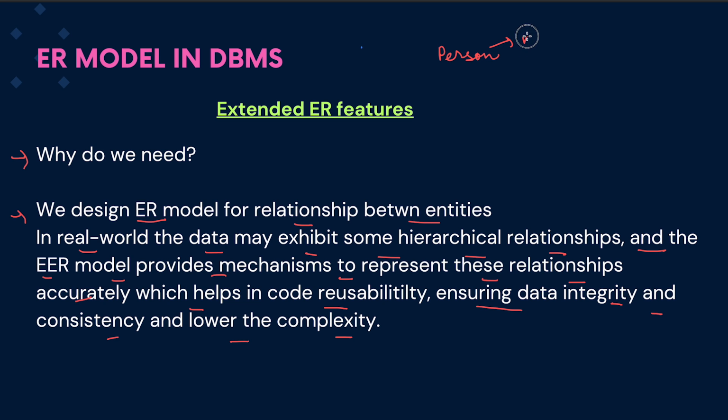Now a person may have some attributes such as name, age. Now this person may be acting in different roles at different platforms or different areas. So this person may be a student. So a student may have details such as student ID, student Aadhaar card or something like that, or student subject.